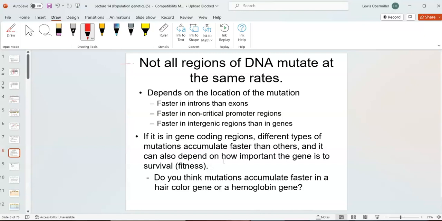And hopefully you answered that hemoglobin would be, because without that you would die. Your hair color doesn't really matter in humans because we're not really being predated on. There's not mosquitoes that are picking out blonde people and giving them malaria.